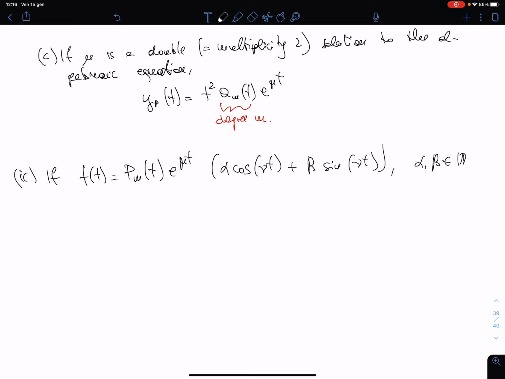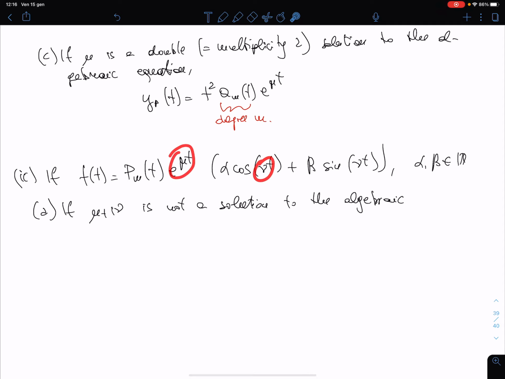The cases here are only two. A, if mu plus i nu is not a solution to the algebraic equation. Now you have to check mu plus i nu, because here there are trigonometric functions.